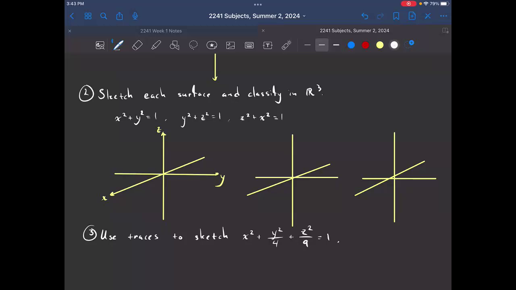And in the XY plane, note this one does not involve Z, so I'm going to slide along the Z axis to get the rest of my surface. But in the XY plane, this looks like just a circle. So I'll try to do this nicely. Okay, that's not too bad.